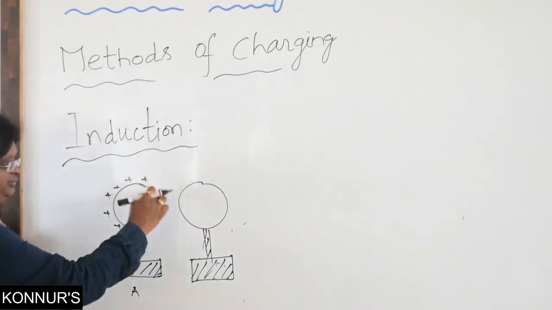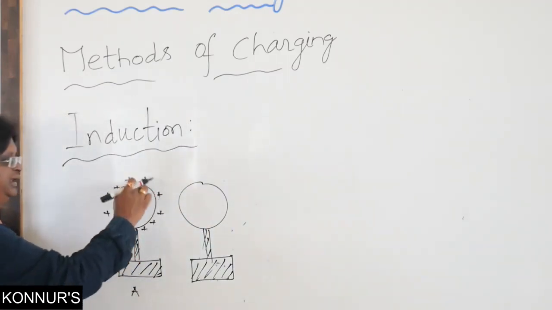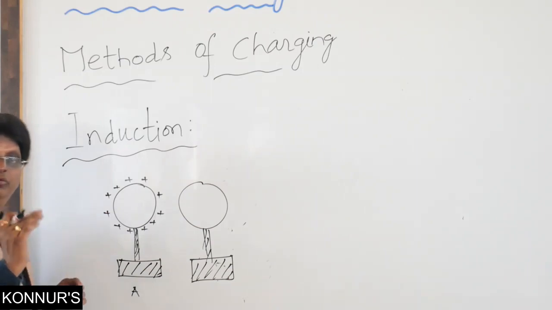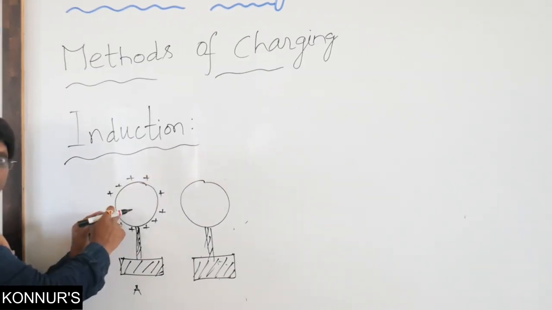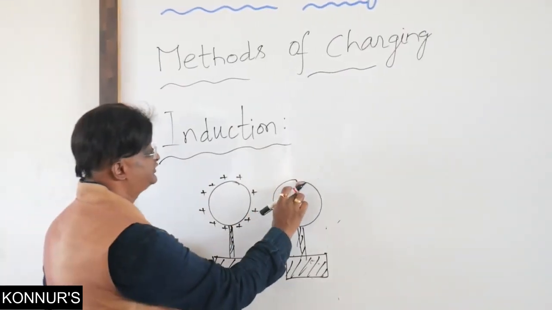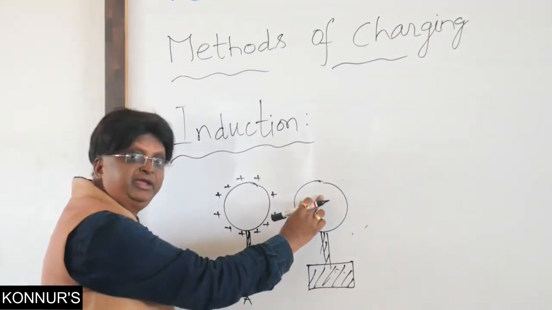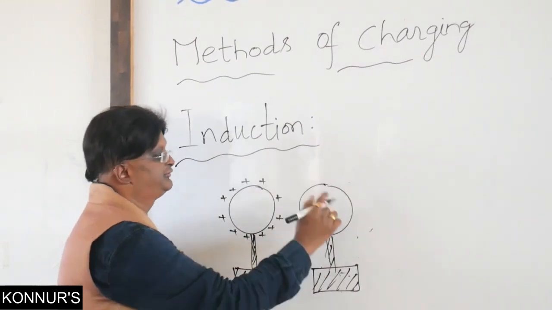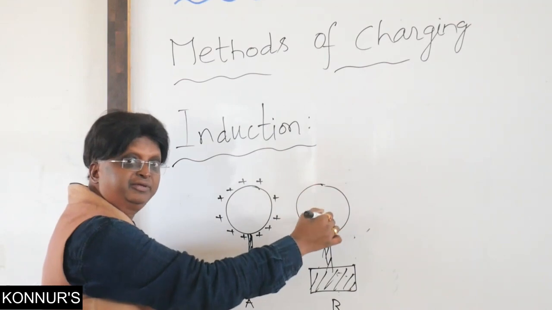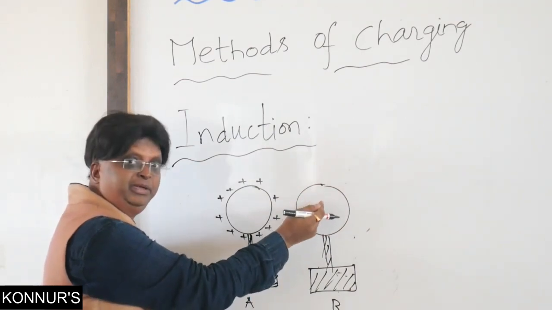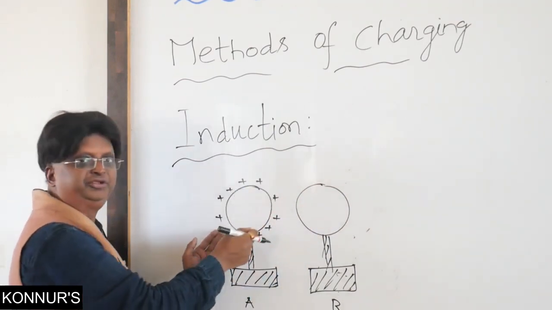Now this positive charge present, we know that unlike charges attract. Therefore, this positive charge starts attracting the free electrons which are present on the surface of B, right? There are free electrons on the surface. They start experiencing attraction due to this positive charge.